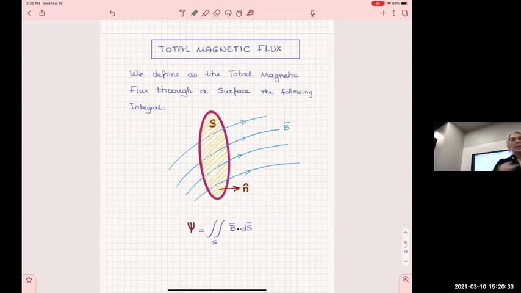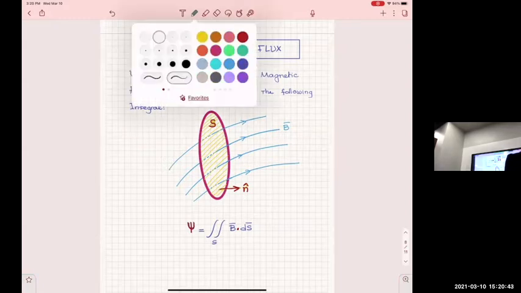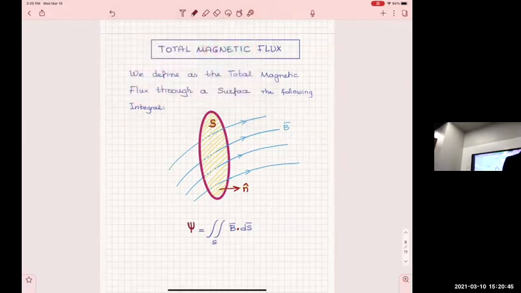And then if I integrate it over the surface of the loop, it's going to give me a very high magnetic flux. And if I take this magnetic flux, which I show with psi, and I divide psi by the current that produces it, that gives me an inductance.